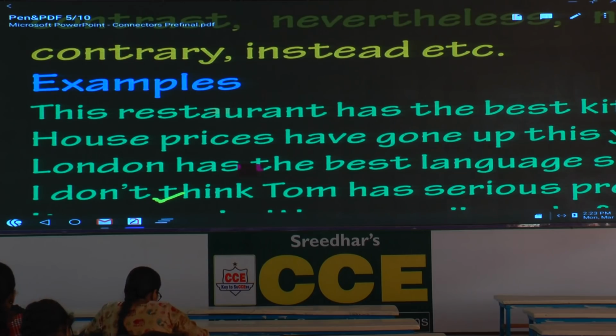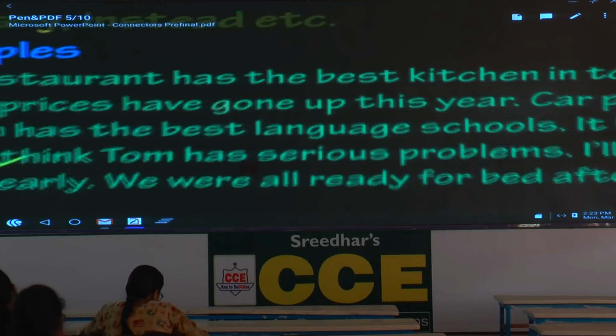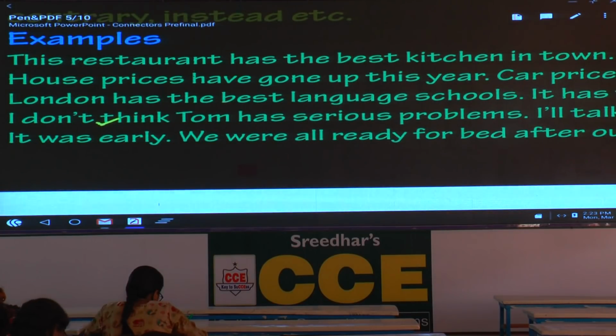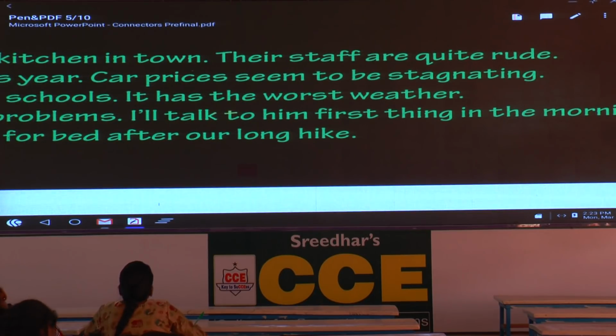Now write the first sentence. This restaurant has the best kitchen in town. Their staff are quite rude.